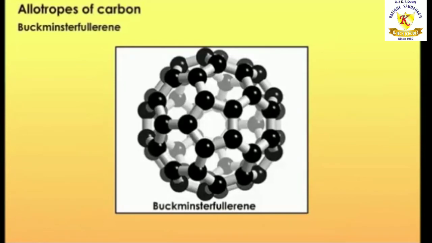There are also large fullerenes containing 70 to 500 carbon atoms. Fullerenes have been found to exist in interstellar dust as well as in geological formations on Earth.